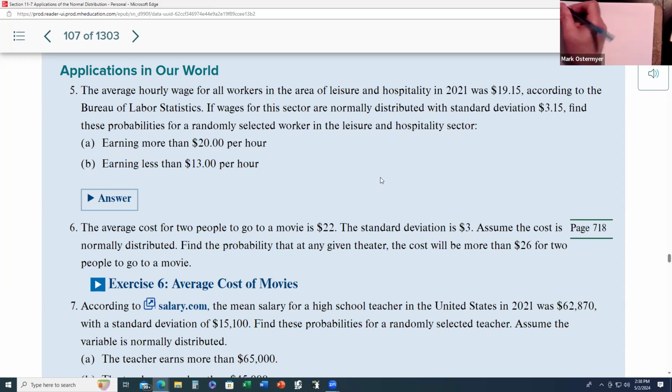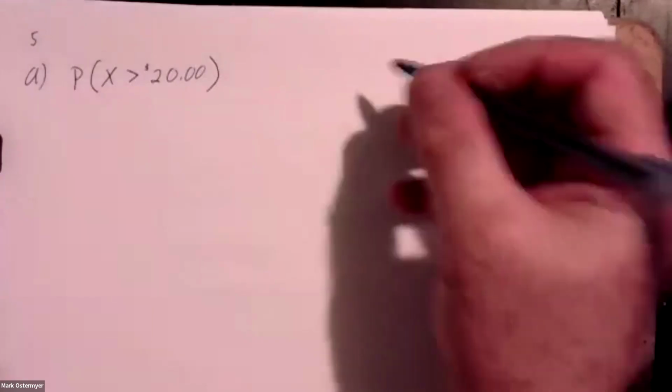So for question A here, for problem number 5, they want us to compute the probability that someone randomly selected in this sector has a wage that is greater than $20 per hour. Symbolically, that is going to be this probability.